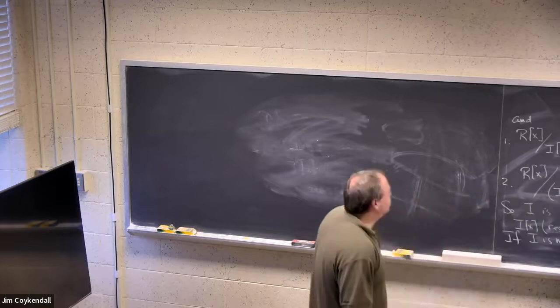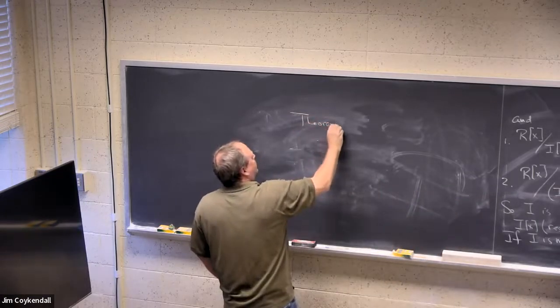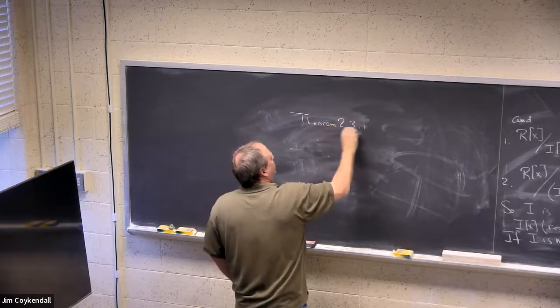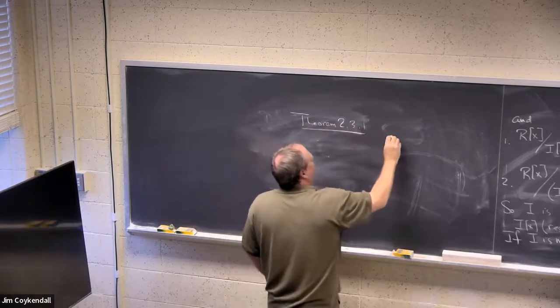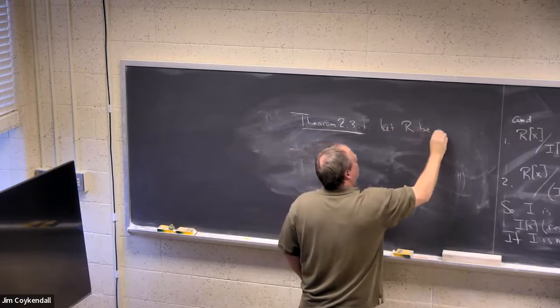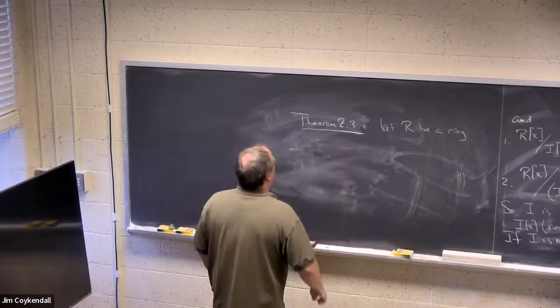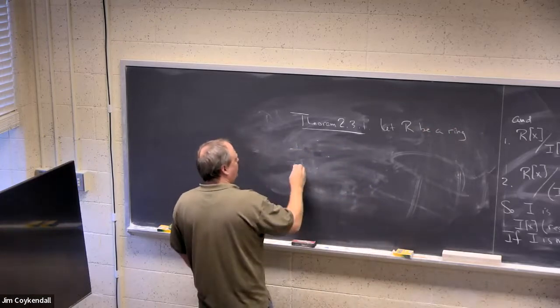But the first one: let R be a commutative ring with identity. I'll say this in more generality.